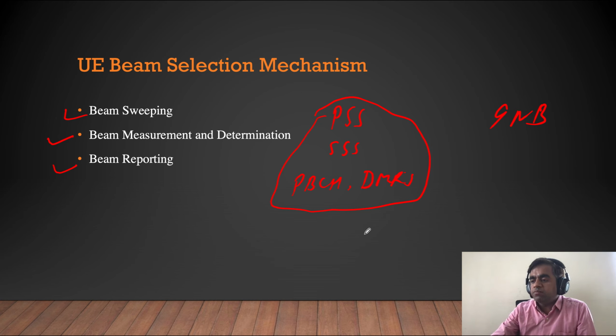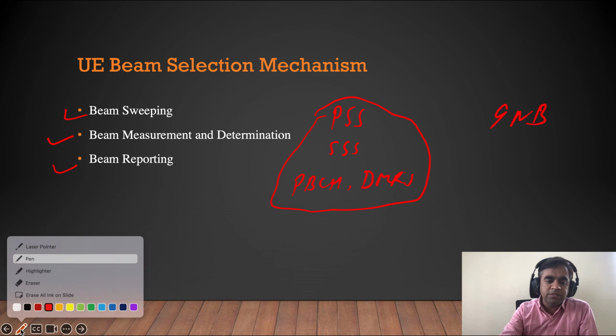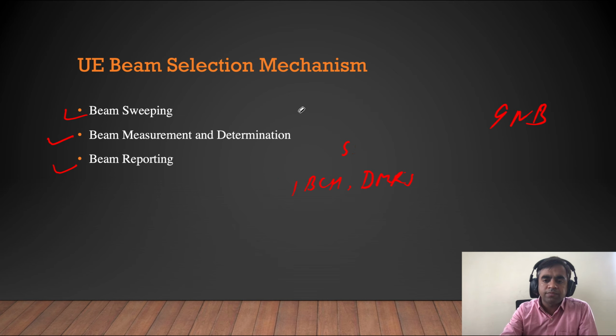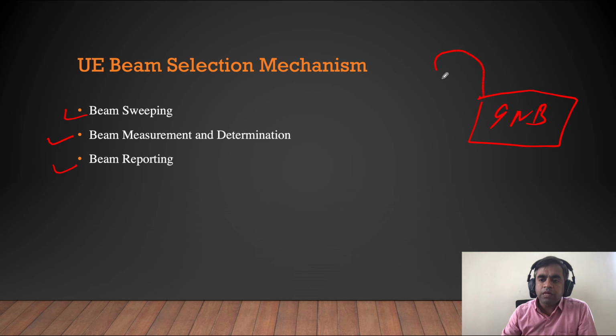So when the gNodeB transmits these beams, we have something called the synchronization signal block. Let's say this gNodeB transmits the beam in this direction, then in this direction, and then in this direction.